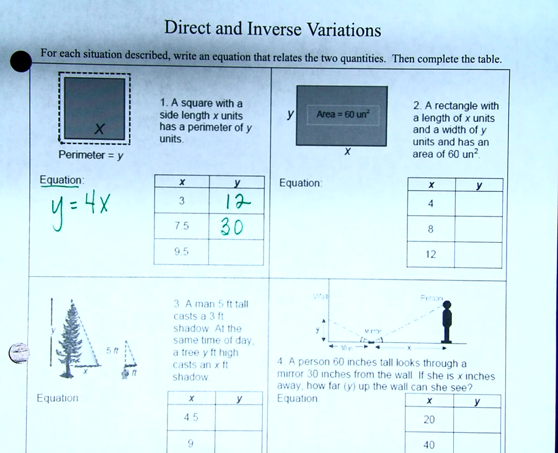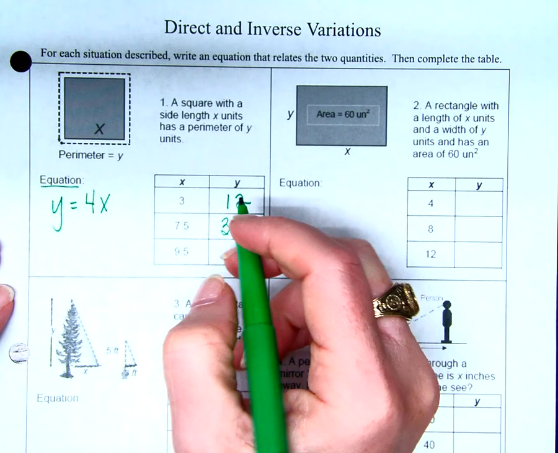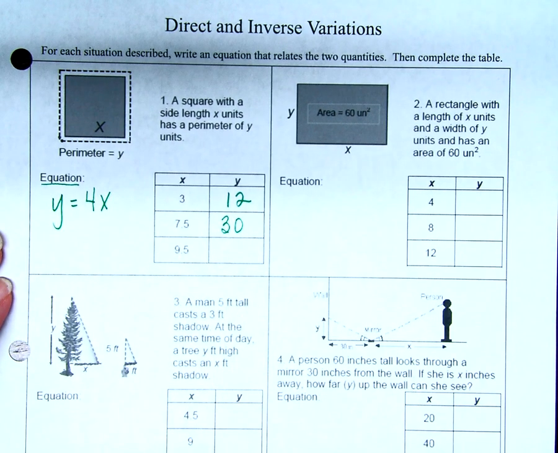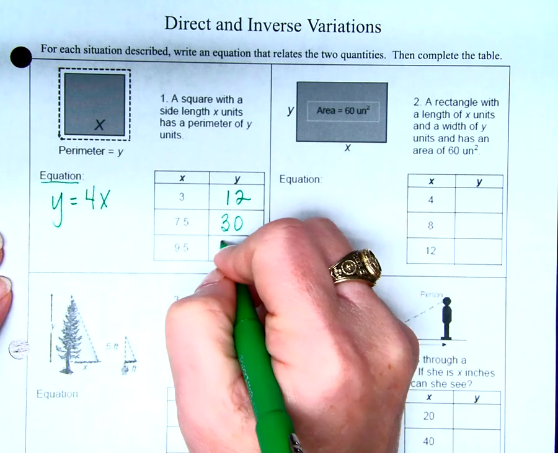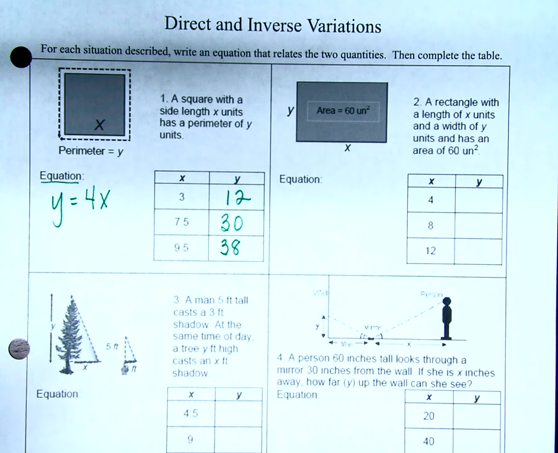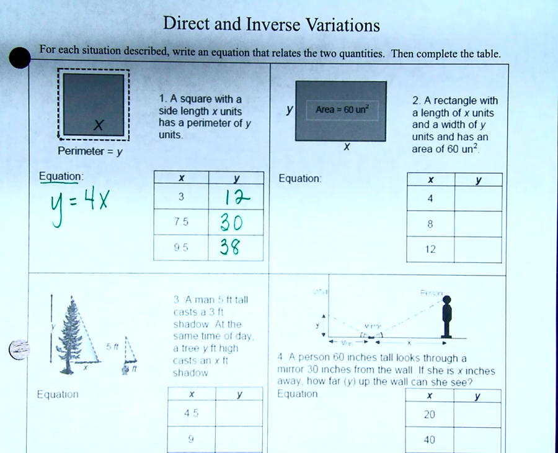If y equals 4x and x equals 9.5, what's y? 38. Good. Okay, so far?